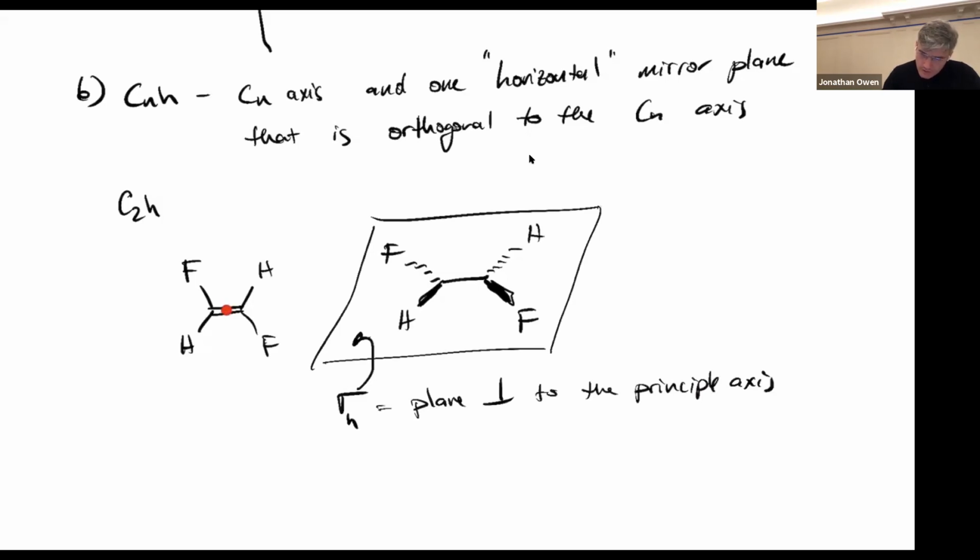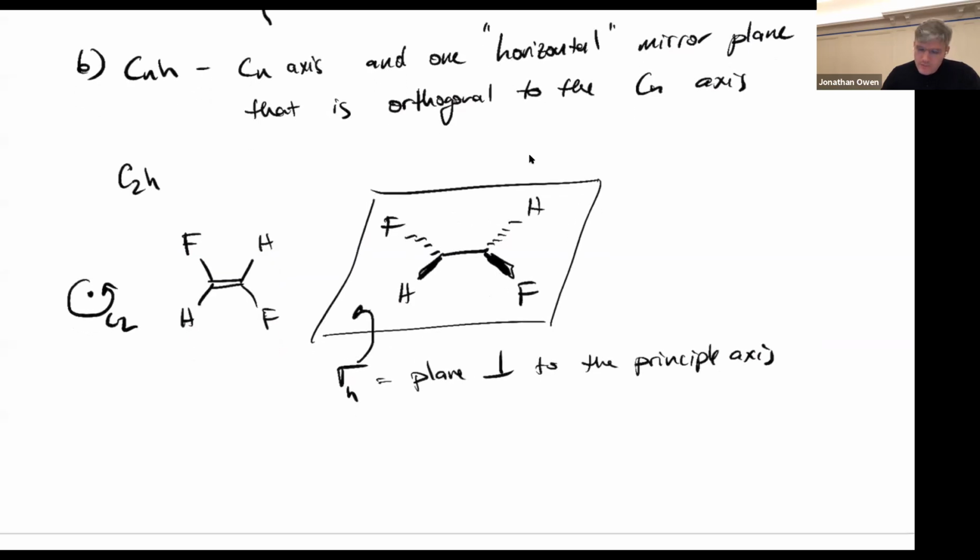The principal axis is right in the middle of the molecule, orthogonal to the paper on this left example. And it sends fluorine to fluorine or hydrogen to hydrogen with a 180-degree rotation. The paper in this example contains all the atoms, so there's a plane of symmetry in the paper, and that plane of symmetry is orthogonal to that C2.